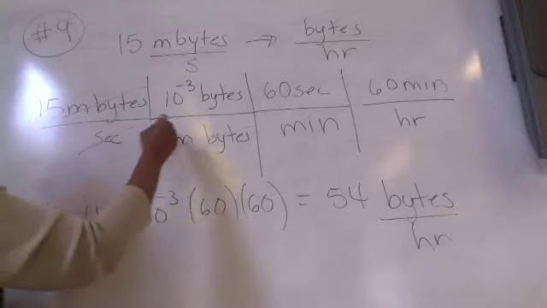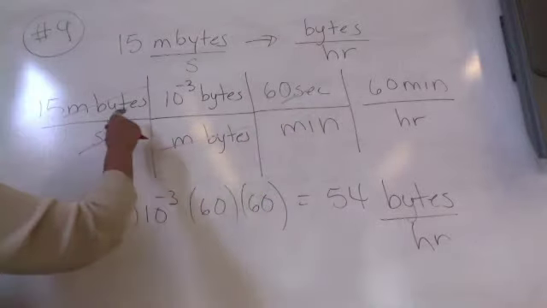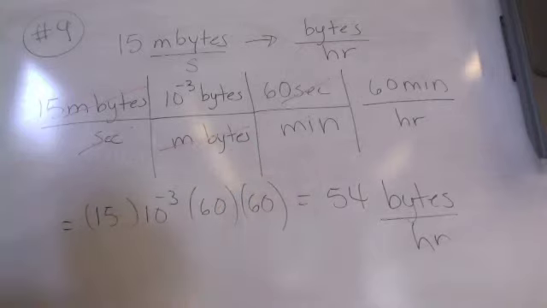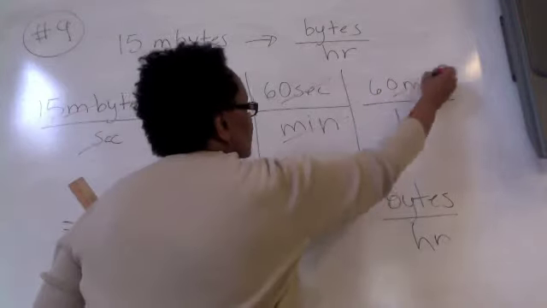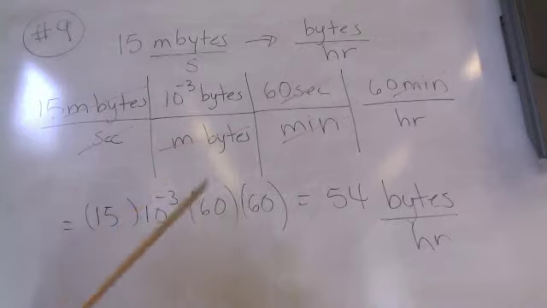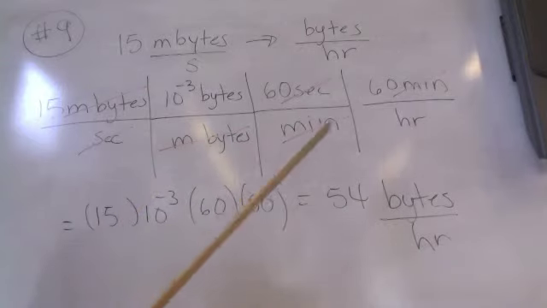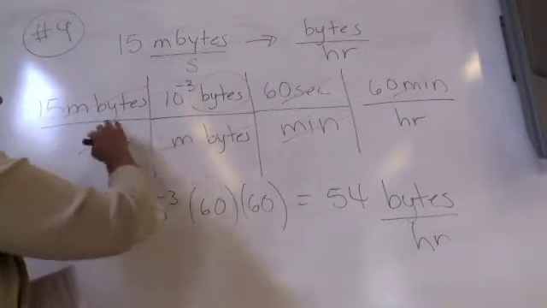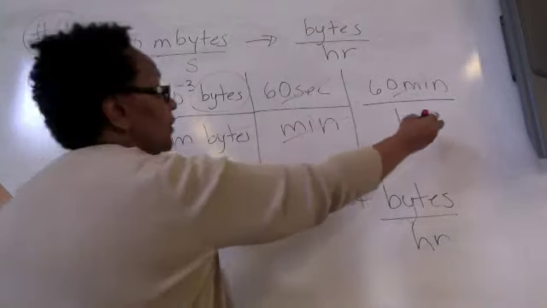So this second cancels with this second, and so I would have bytes per minute. I keep going. There are 60 minutes in an hour, so now my minutes cancel out here, and so if I stop right there, my unit will be bytes, that's what's left, everything else has been canceled out, per hour.